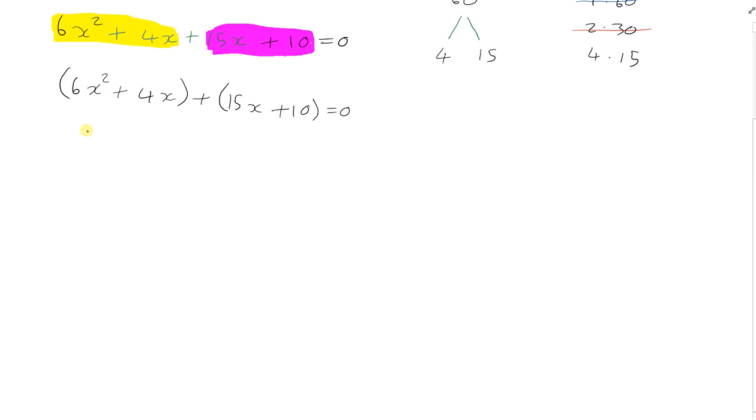So this is going to be 6x squared. I'm going to look for a common factor. What's the common factor of 6x squared plus 4x? A common factor is going to be 2, because between 6 and 4 they both have 2 in common, and x, because here this is actually x times x. So this is going to be my common factor. What do I have left up here?